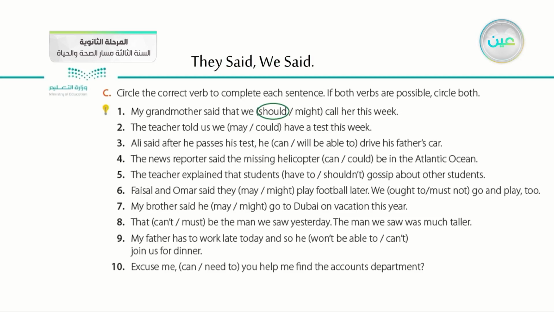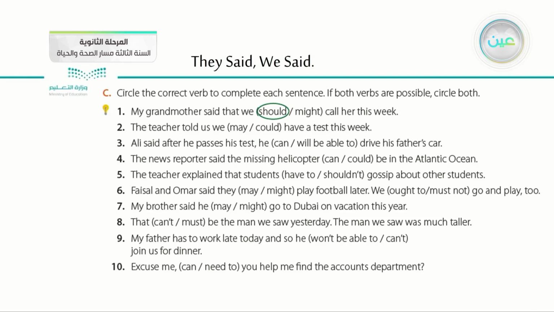Now let's do number two together and understand why we have chosen this word or that word, or we've chosen both of them. Number two, the teacher told us we may or could have a test this week. Which one do you think is the proper answer? May or could?